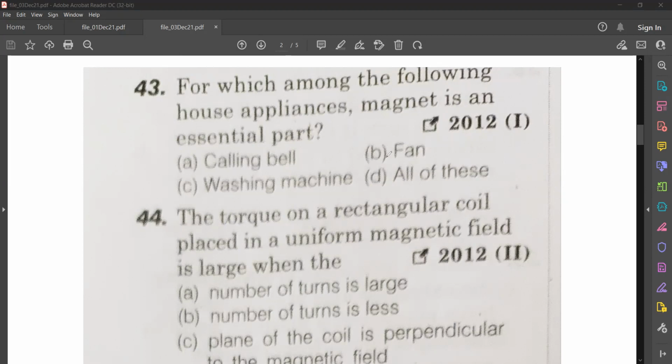So the answer is all of the above. In all these three, we use a magnet. Okay, so next is question number 44.